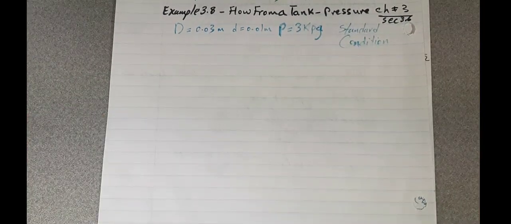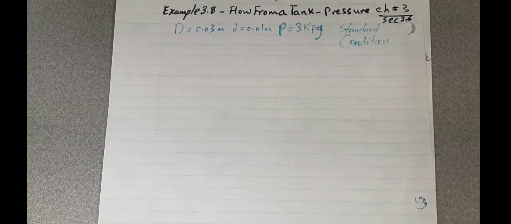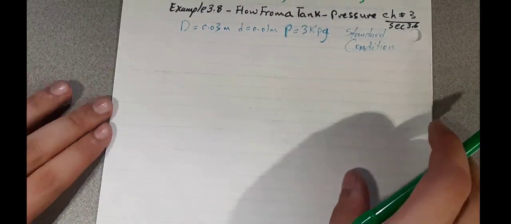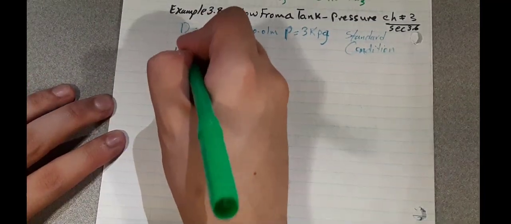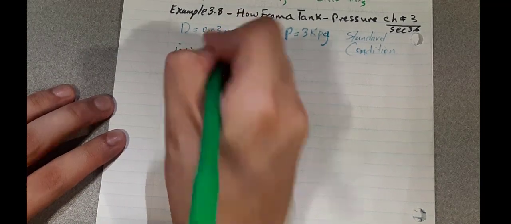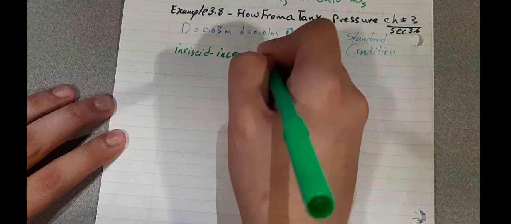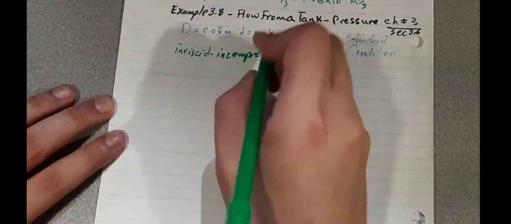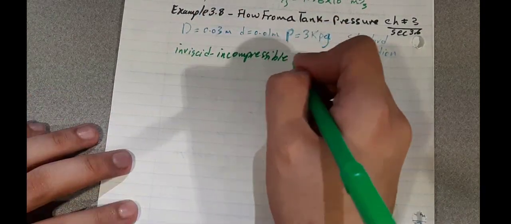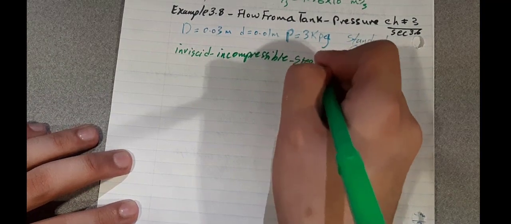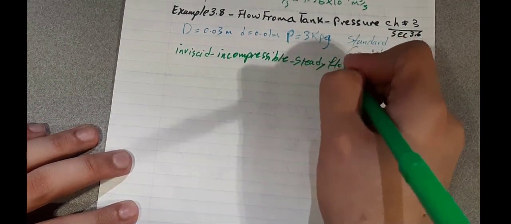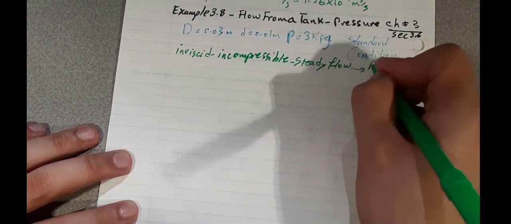So we have to find the flow rate and the pressure in the hose. As we are again considering inviscid, incompressible, as well as steady flow, the Bernoulli equation checks.